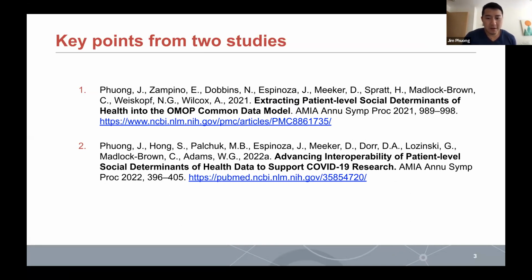The second one, advancing interoperability of patient-level social determinants of health to support COVID-19 research, is the indirect route, where the data might get transformed into a common data model like I2B2 and TriNetX, and through several levels of translation, it eventually reaches OMOP.